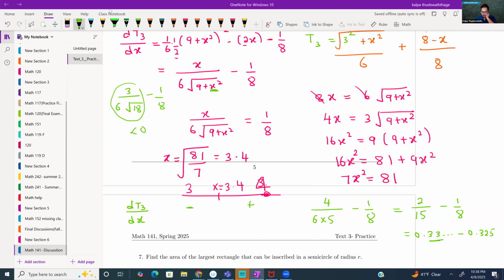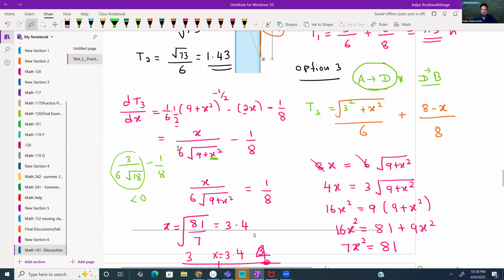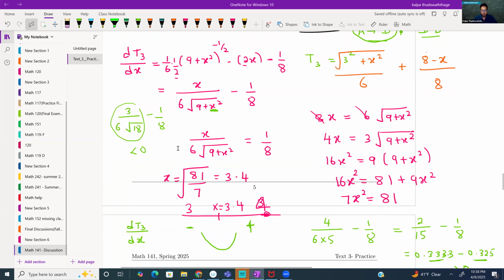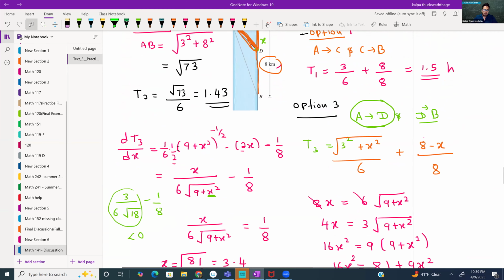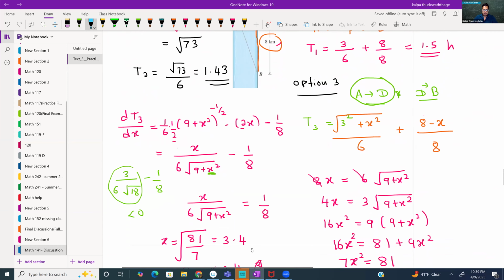So this is bigger than this, it's positive. That's why I put positive here. So it's decreasing and then increasing. So at square root of 81 over 7, it has a minimum. Time will be minimum at 3.4, when x equals that value.